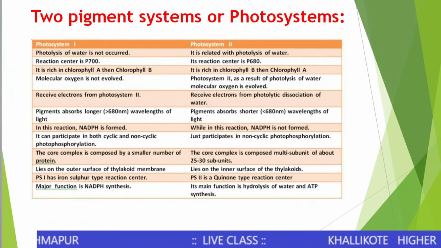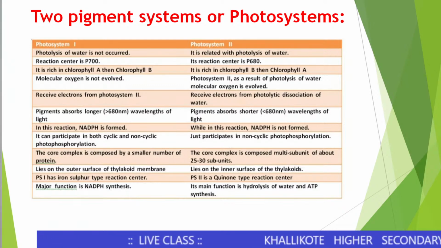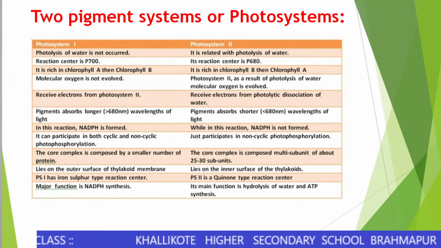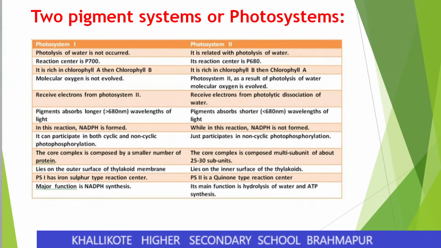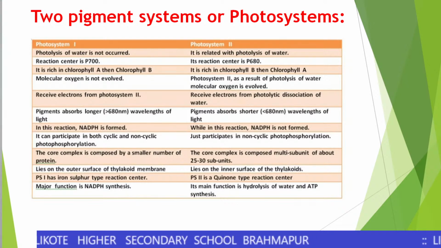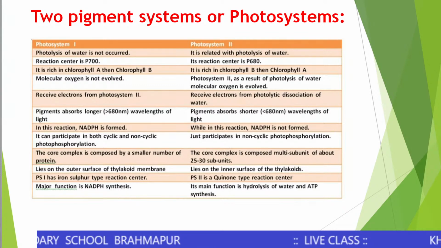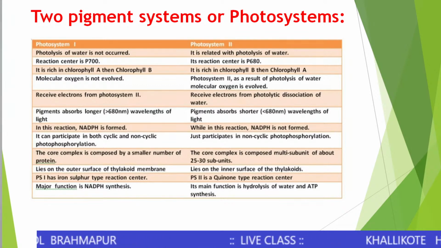Photosystem 1 is generally present in the non-appressed part of the thylakoid membrane, that is, the part of the membrane directly exposed to the stroma side and not layered over by another thylakoid.